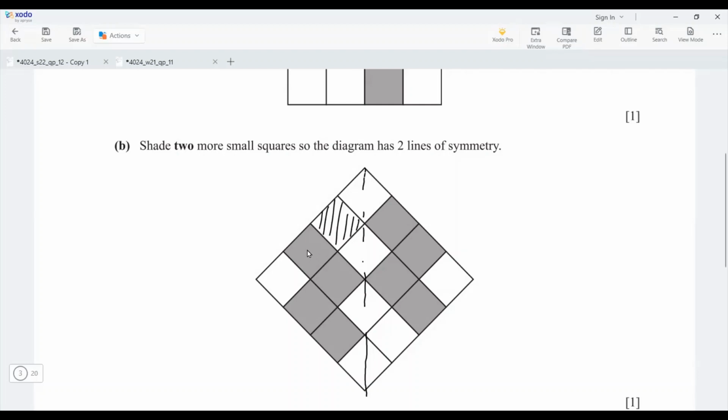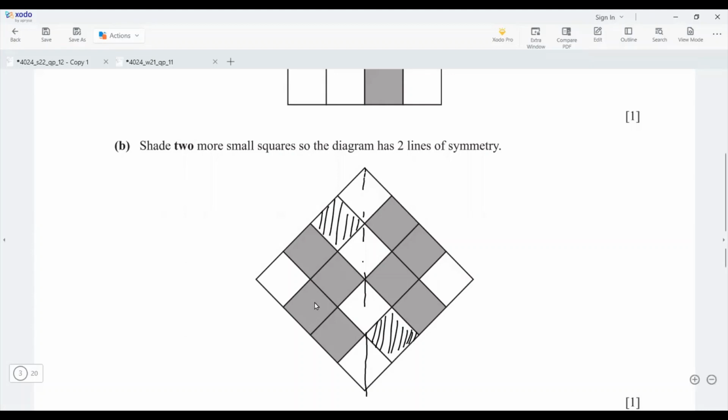Otherwise, you can see this square has the same place as this. Similarly, at the same distance, at the same position, this will be shaded with this. This is shaded according to this, but this is shaded and the other square is not shaded on the other side of the mirror line. So if we shade this, then it is a perfect diagram for the lines of symmetry.